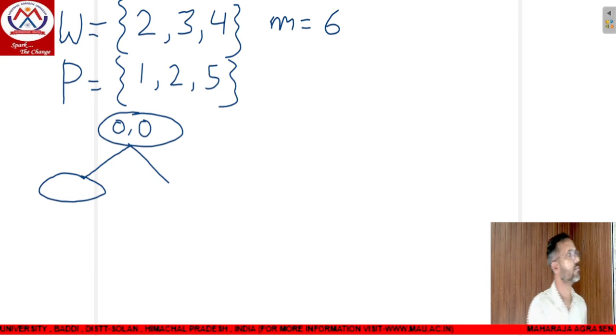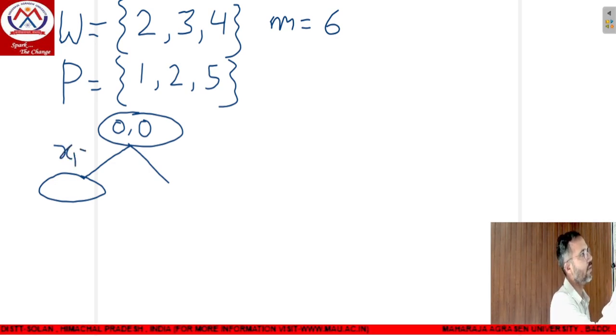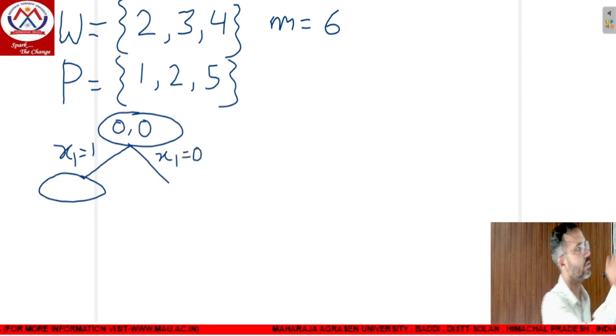This is the case. Take the value. If the first weight is selected, x1 equal to 1; if not selected, x1 equal to 0.